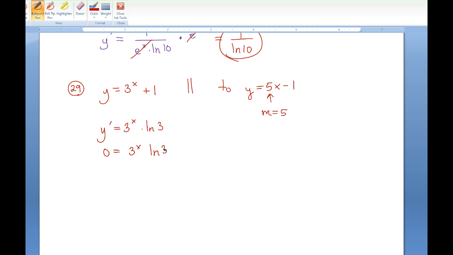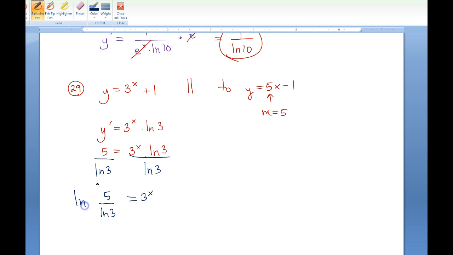Then what? That equals 5. That's what I meant. Then divide by ln 3 on both sides, and take ln of both sides.